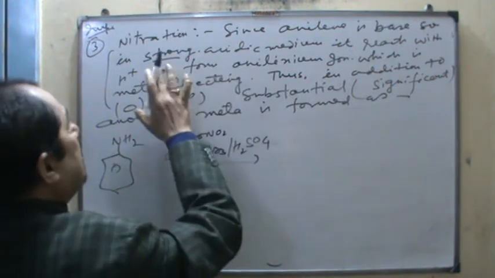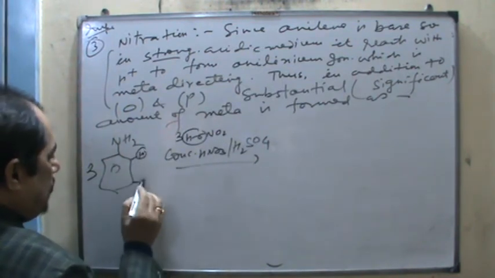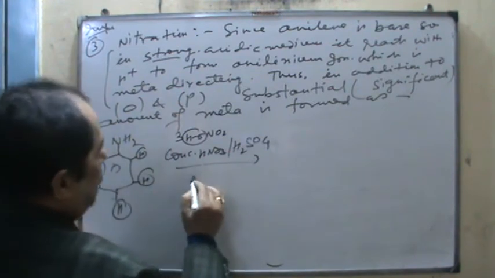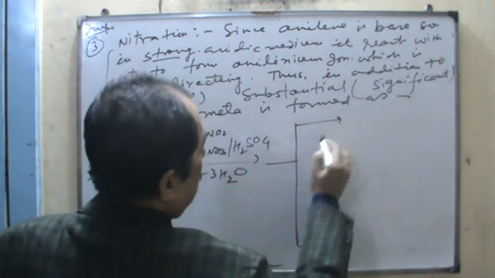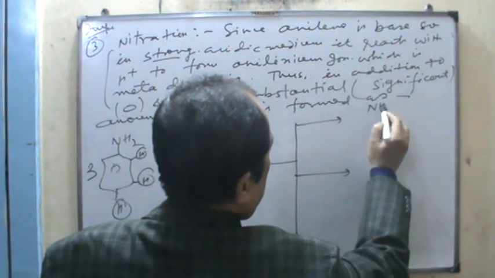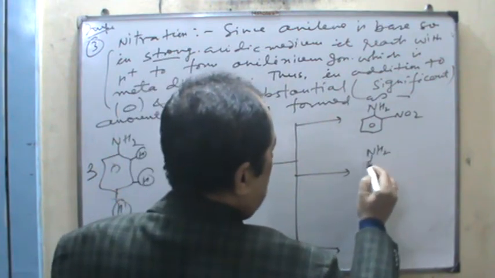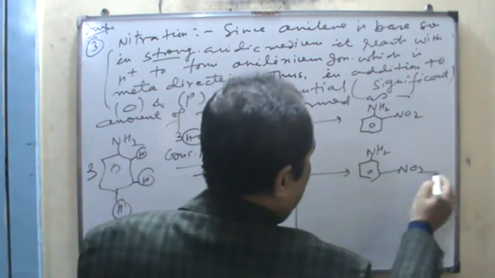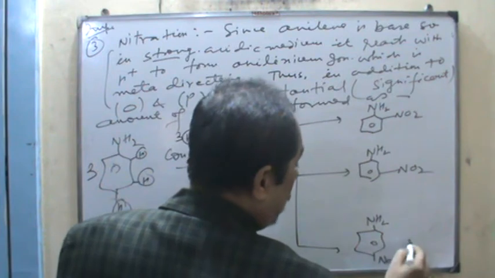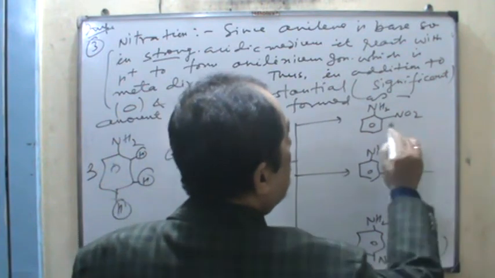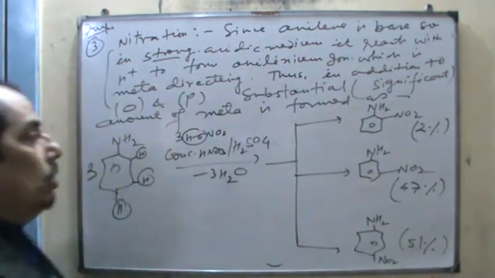Since it is a strong acidic medium, you take 3 molecules, 3 OH, ortho H, meta H and para H. 3 times water is lost and it forms 3 products: ortho nitroaniline, meta nitroaniline, and finally para nitroaniline. 51% para is formed, 47% meta is formed, and only 2% ortho is formed.